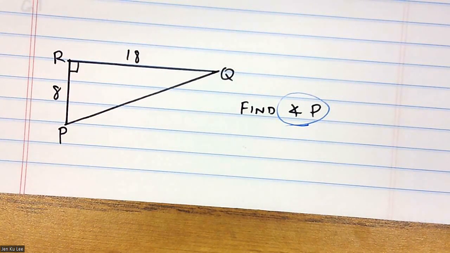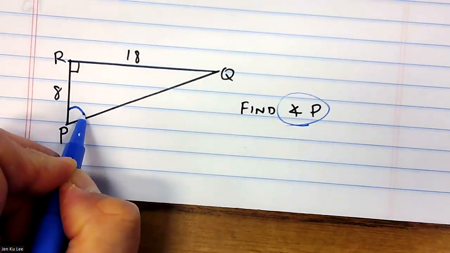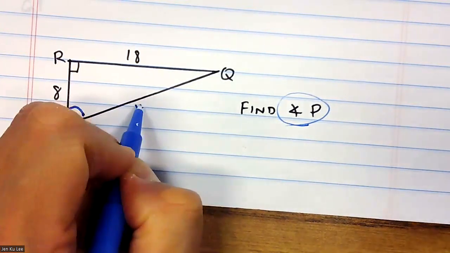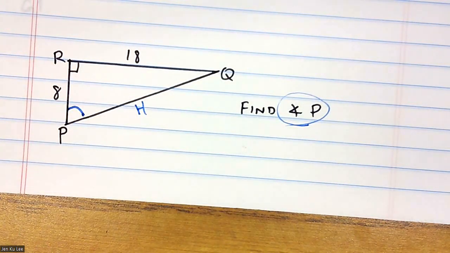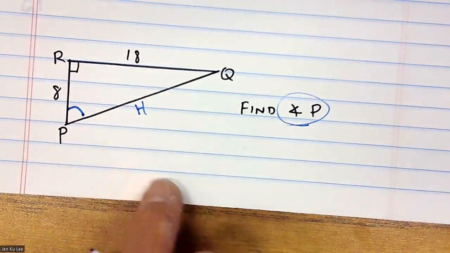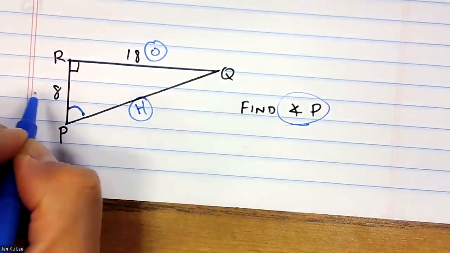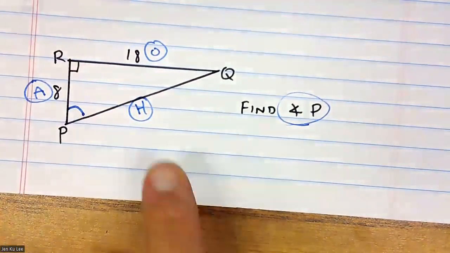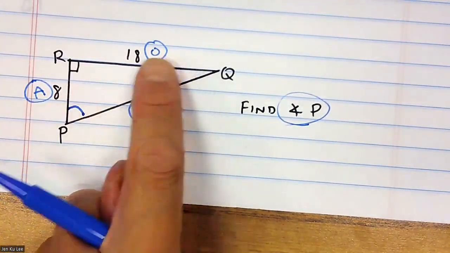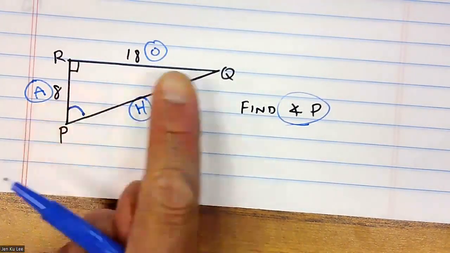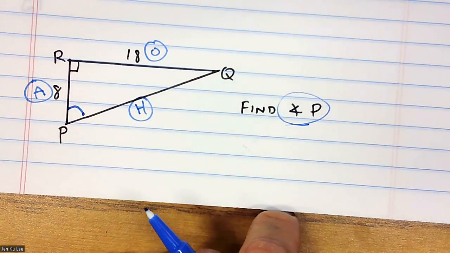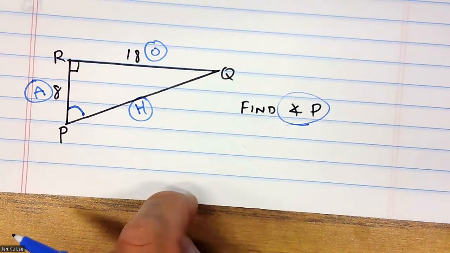In terms of angle P, this is my hypotenuse. What is 18? My opposite. So then this is my adjacent. I have 18 and 8, which is opposite over adjacent, which is what? What trig function deals with opposite and adjacent?